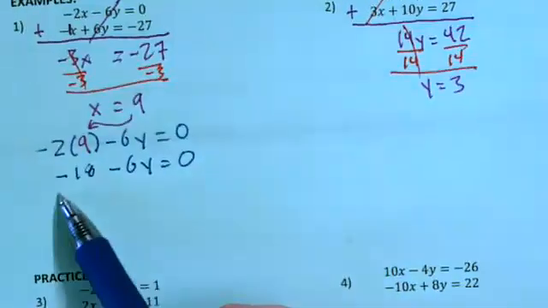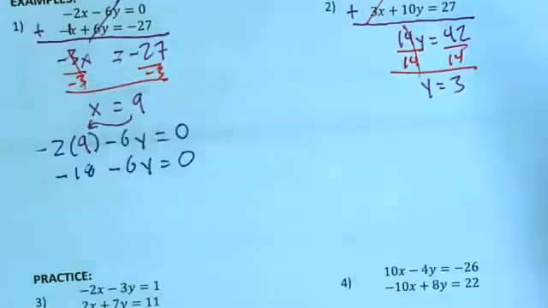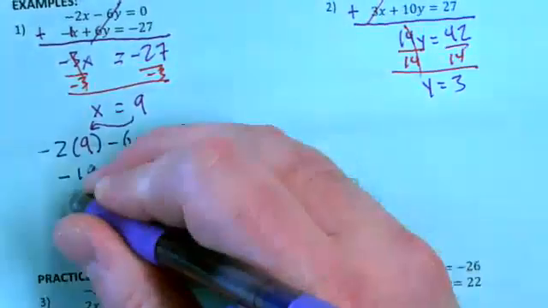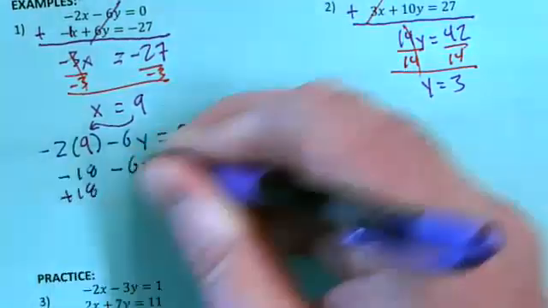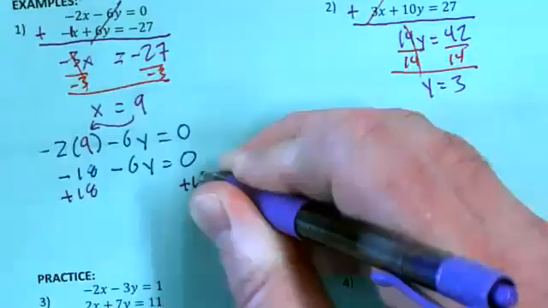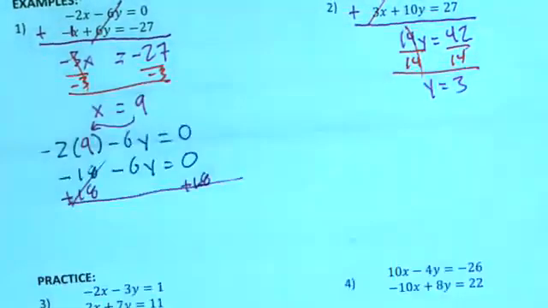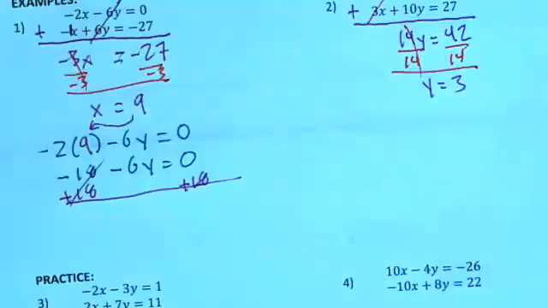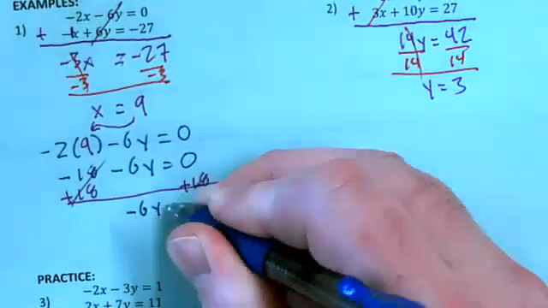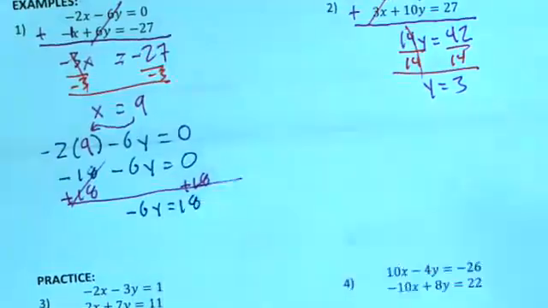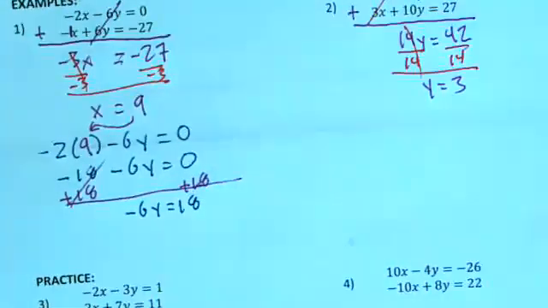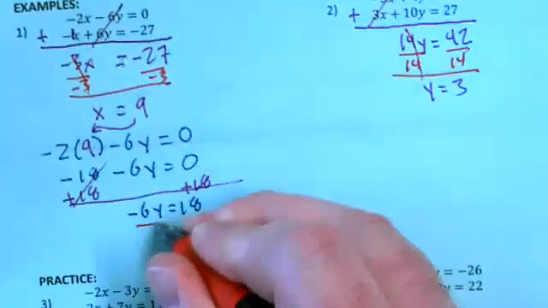Let's take care of addition and subtraction first. We could get rid of that minus 18. And then we could get rid of the negative 6 by dividing.